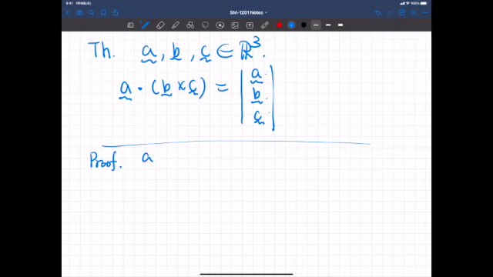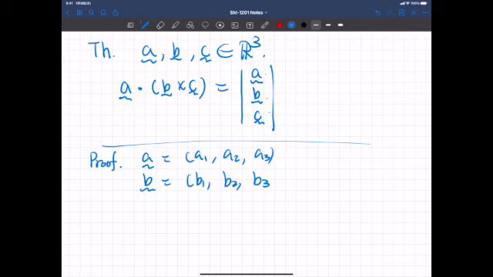Let's say A has elements A1, A2, A3, and B has elements B1, B2, B3. C has elements C1, C2, C3.